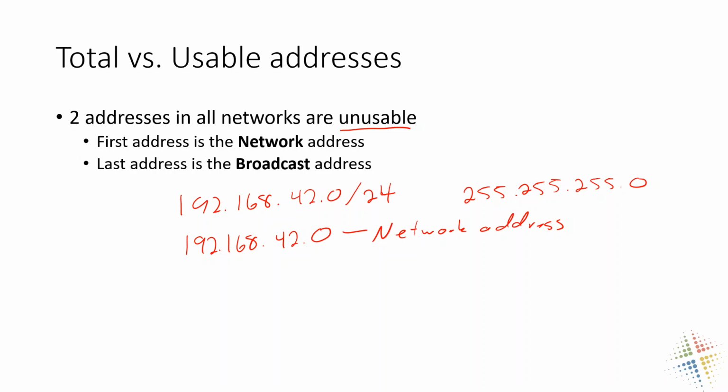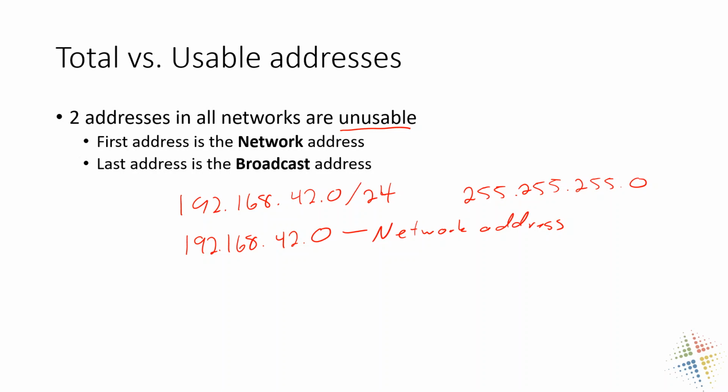I would say this network is the 192.168.42.0 network. Every single host on that network identifies themselves as belonging to the 192.168.42.0 network. Because this is a unique term that's used in the environment, I just can't assign a host to the .0 address.